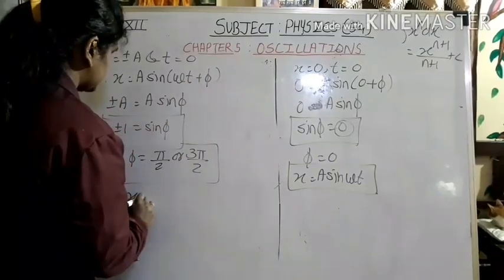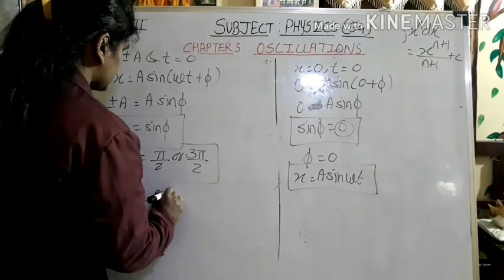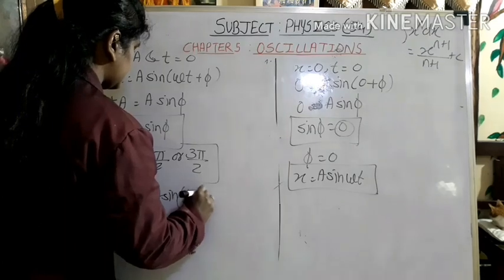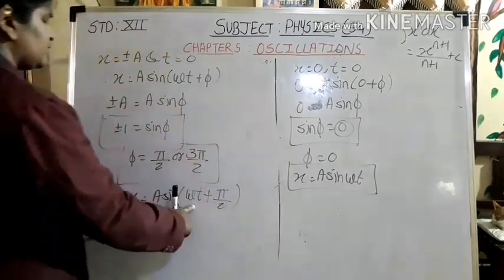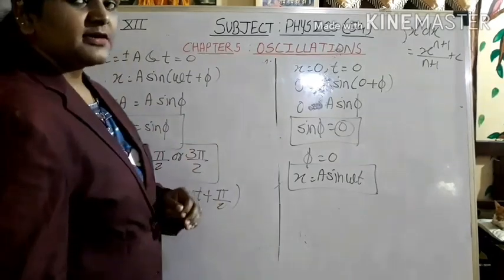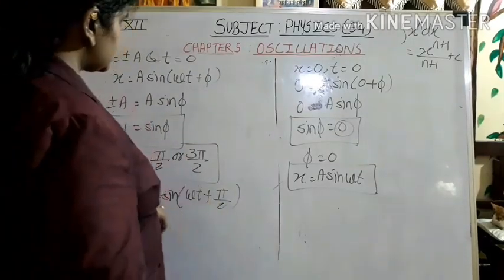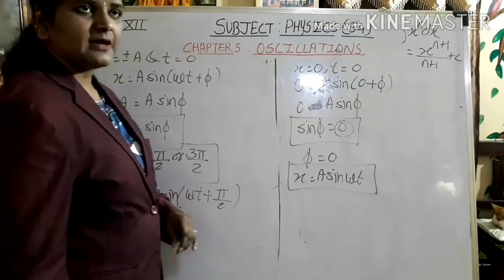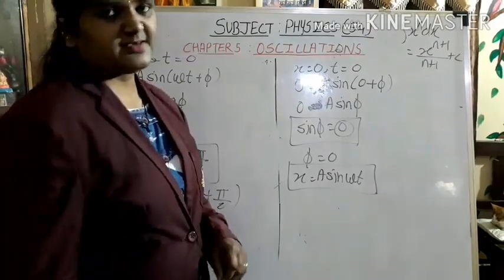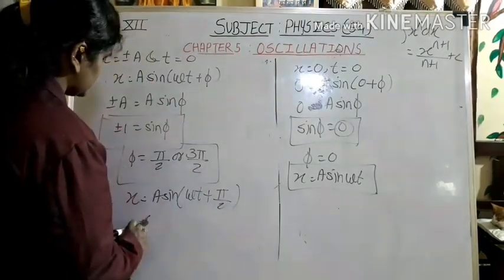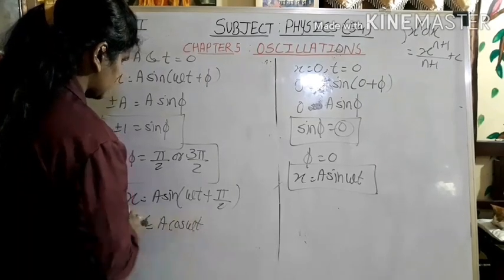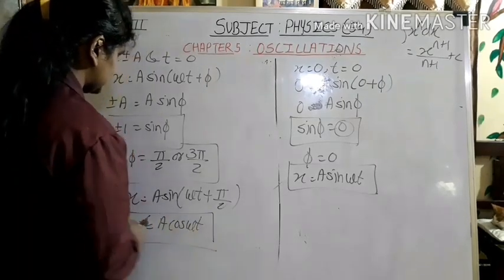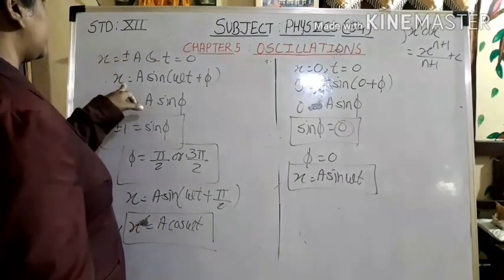So I will get x is equal to a sine omega t plus, if I take pi by 2. So what is sine of pi by 2 plus theta? It is cos theta. Yes. So we get the value as a cos omega t when it is at extreme.